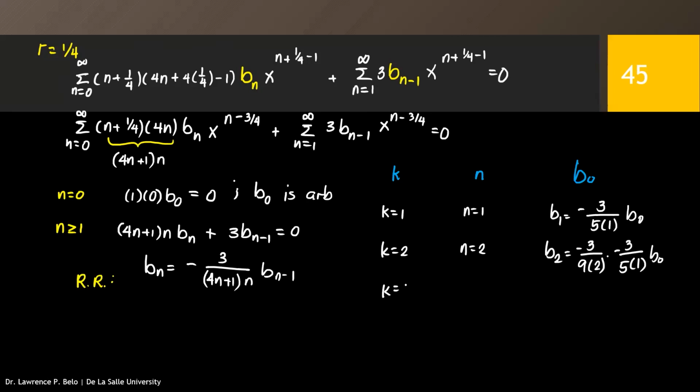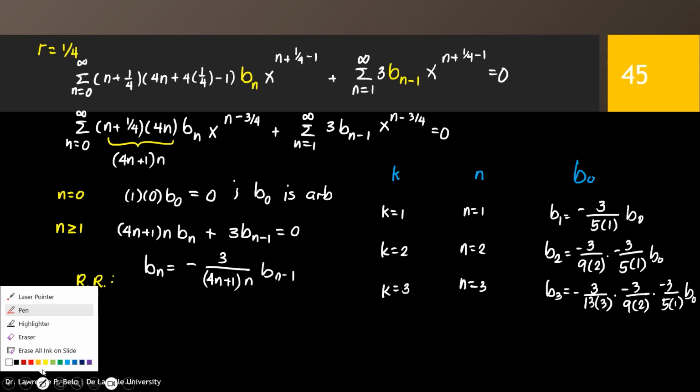5 times 1, b sub 0. And then lastly, when k equals 3, n equals 3, you have b3. That's negative 3 over 13 times 3 multiplied by negative 3 over 9 times 2, negative 3 over 5 times 1, b sub 0.